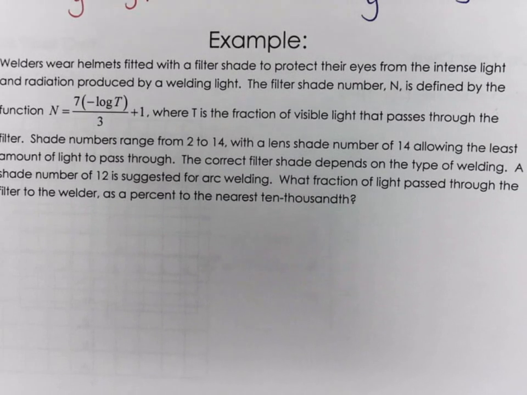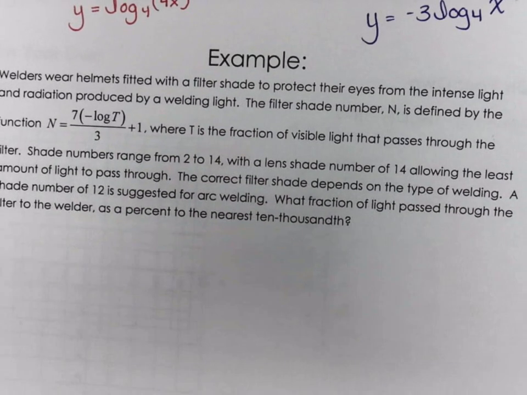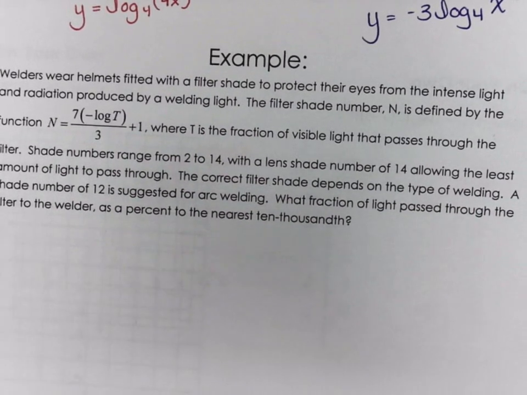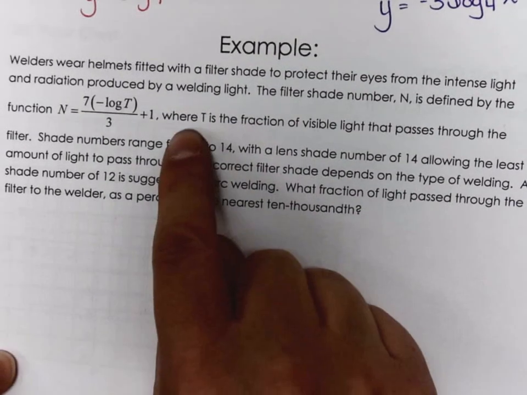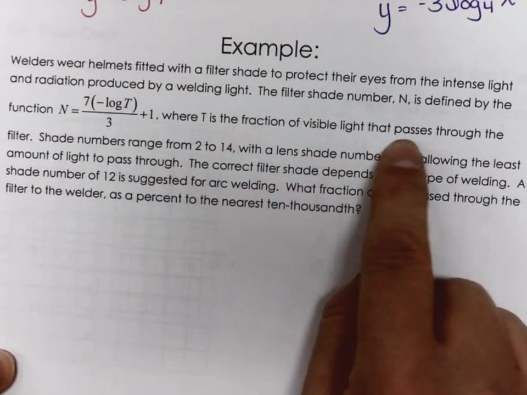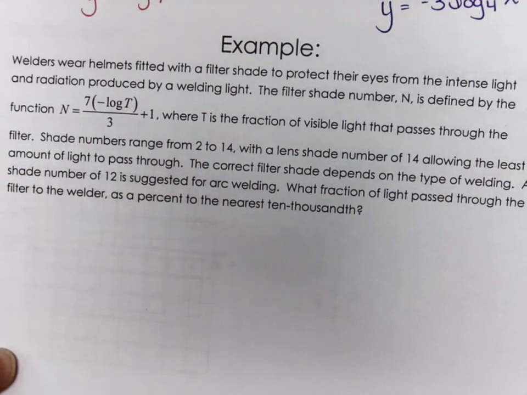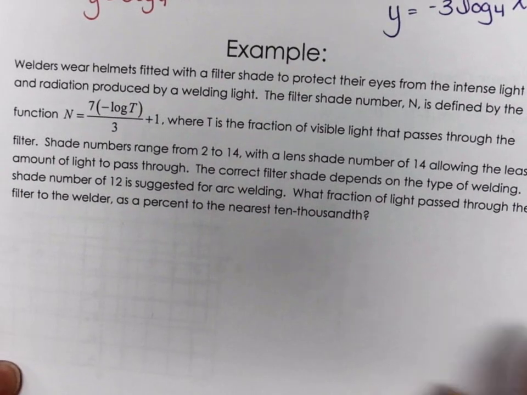To protect your eyes, right? Okay. So N is the filter shade. The different things that you are going to weld will require different shades of protection. And T is the fraction of visible light that passes through the filter, because obviously you don't want it blacked out.